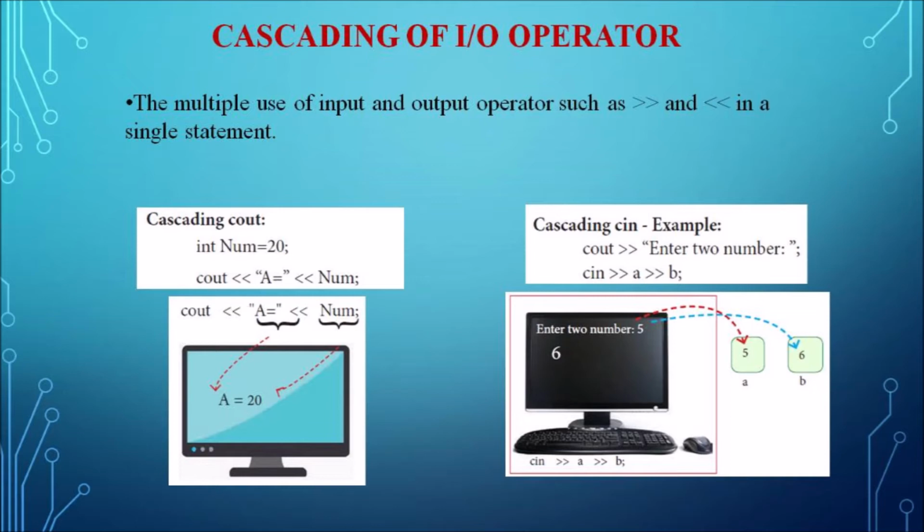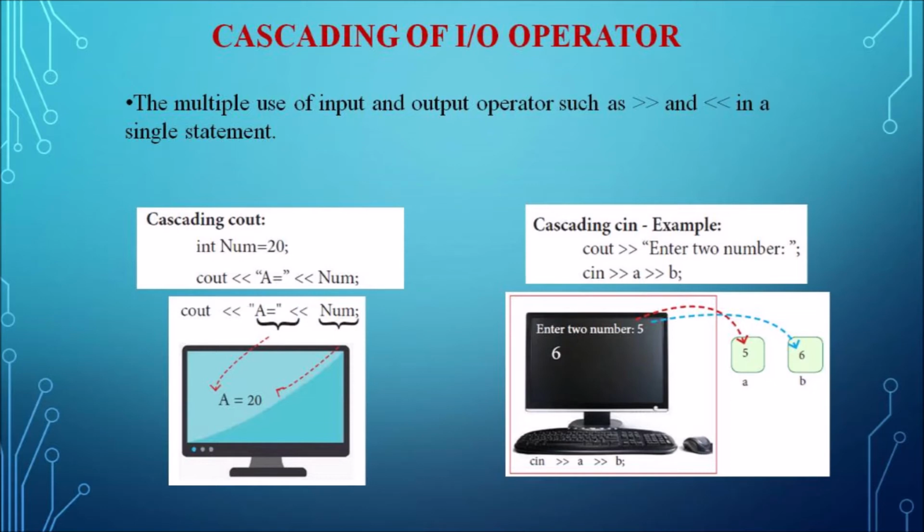First, you see the example of cascading cout, that is the output operator. Here the value 20 is assigned to the variable num, that is, int num = 20. In the second line, two output operators are used. The cout and the string "a = " is given within double quotes.